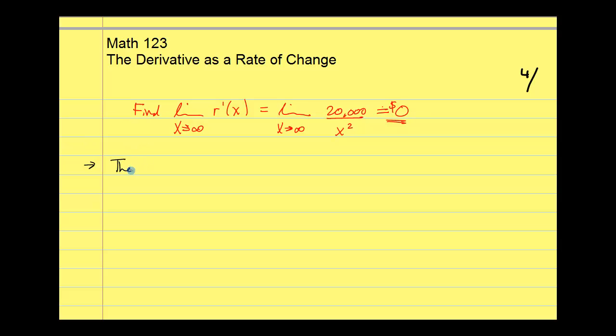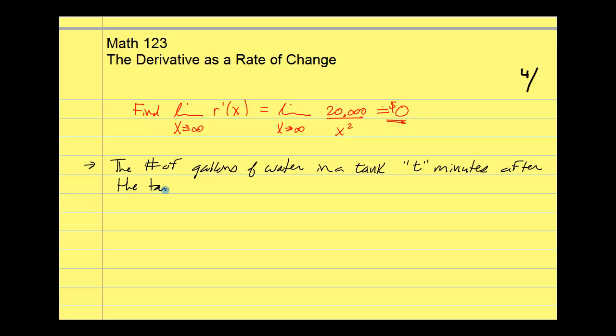Let's look at another example, and this is the classic example of draining a tank. In this example, the number of gallons of water that is in a tank, t minutes after the tank has started to drain, is given by the function Q of t.